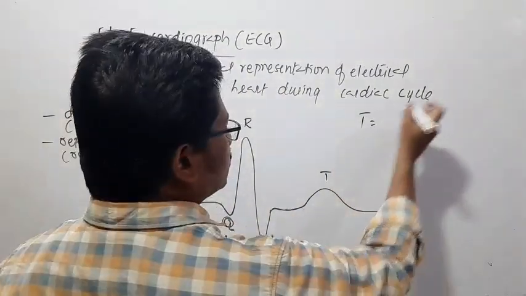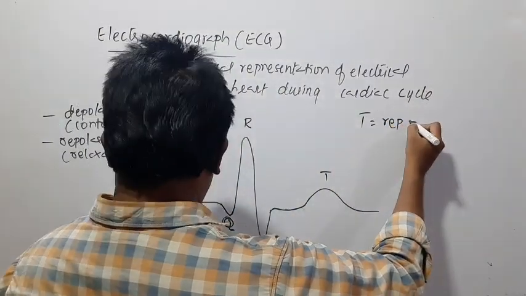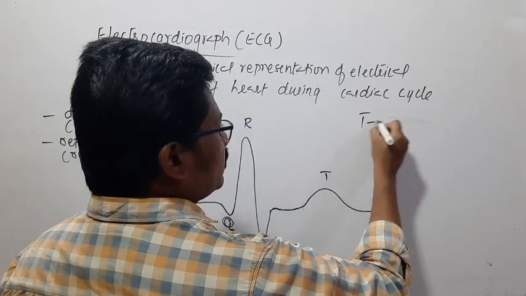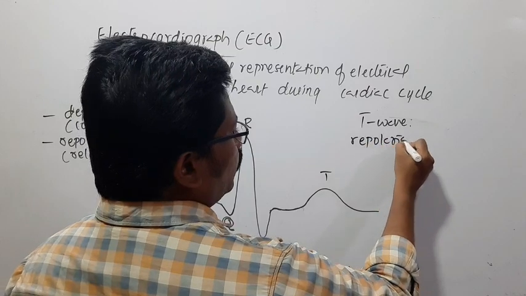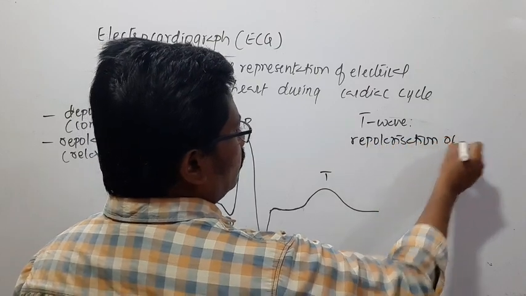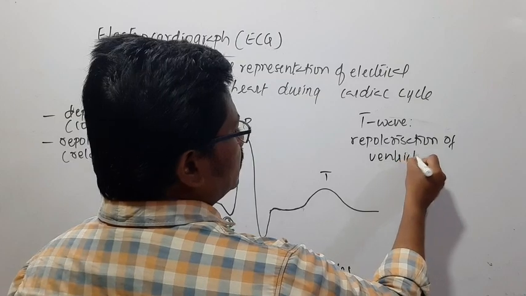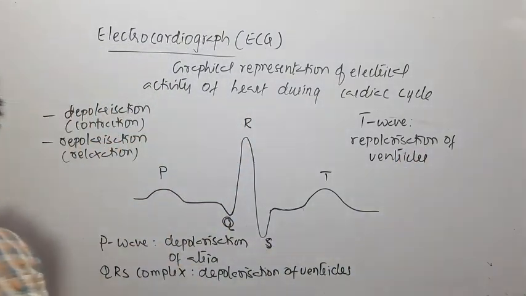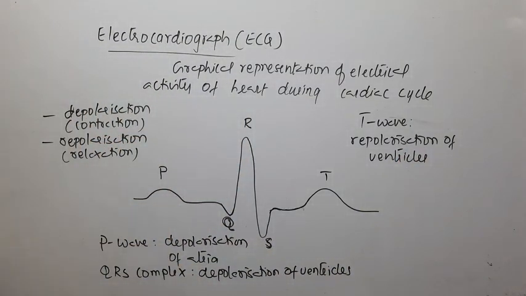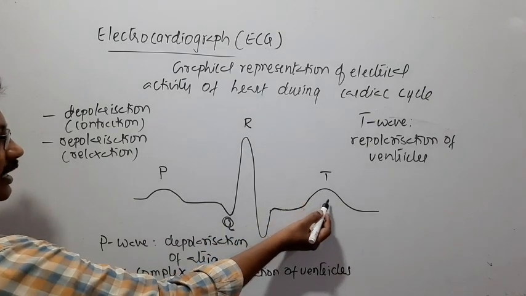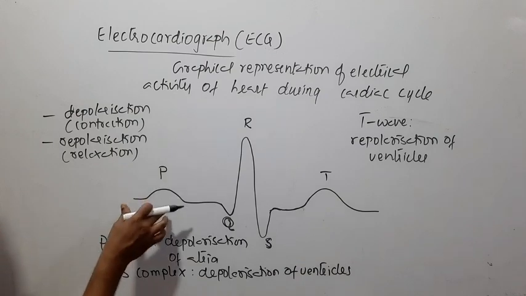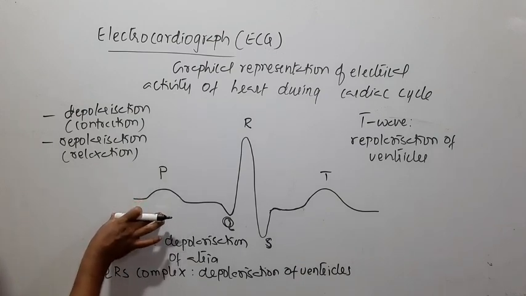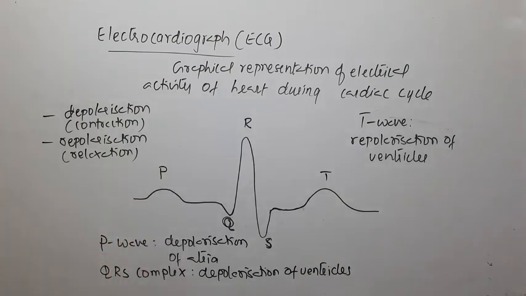So I'll mention this as T wave. It is repolarization of ventricles. Means when ventricles come back to their normal state, you get this deflection, right? So this is the normal or standard ECG, what we call it.